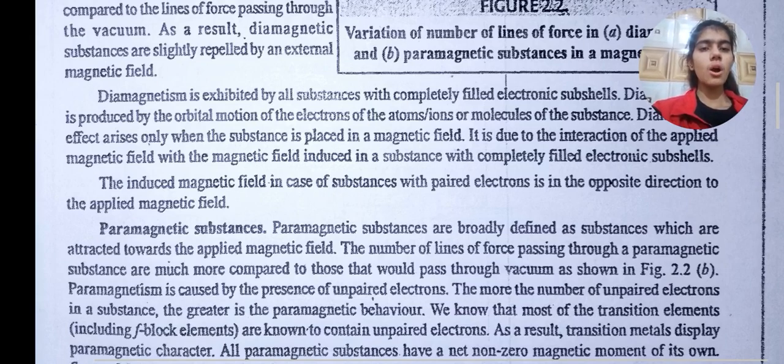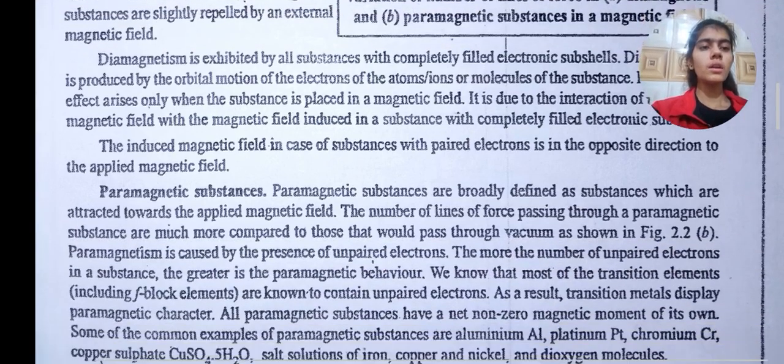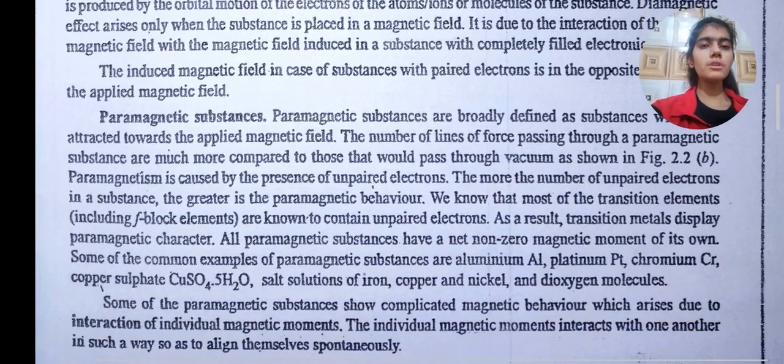paramagnetic character. All paramagnetic substances have a net non-zero magnetic moment of their own. Some of the common examples of paramagnetic substances are aluminium, platinum, chromium, and copper sulfates, and the salt solutions of iron, copper, and nickel, and dioxygen molecules.